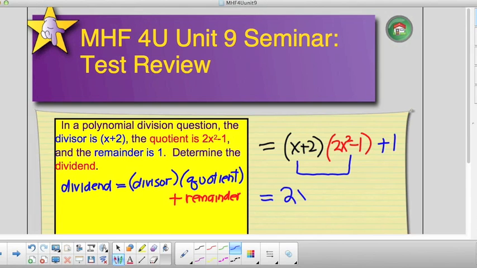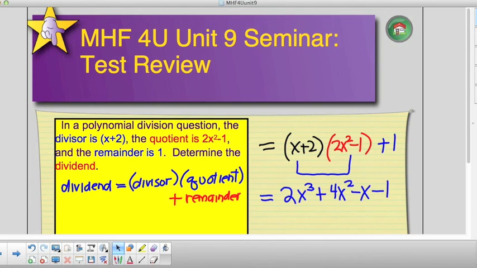So you'll get a final answer of 2x cubed plus 4x squared minus x minus 1. Make sense? Okay.